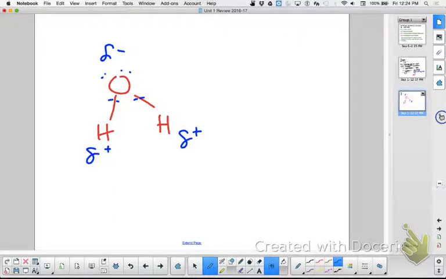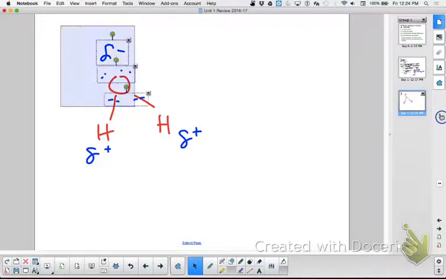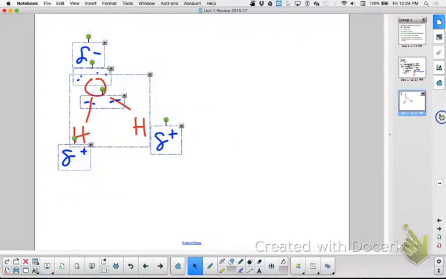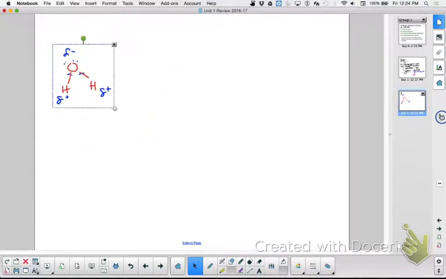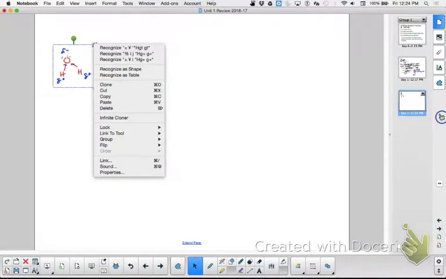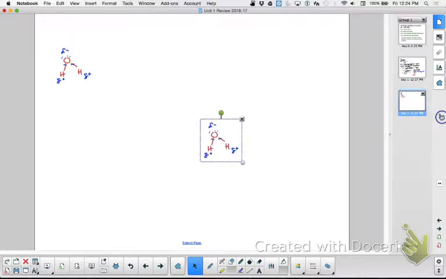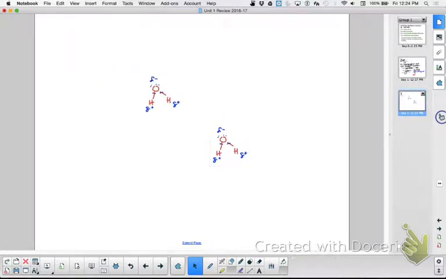So when you have several water molecules together, they will arrange themselves, right, so that the partial negatives are attracted to the partial what? Positives. And what is that called?